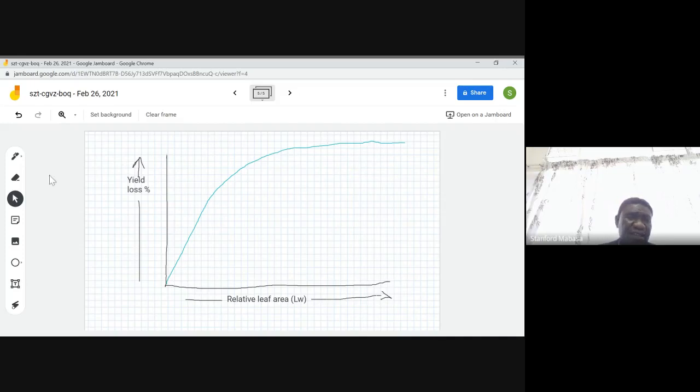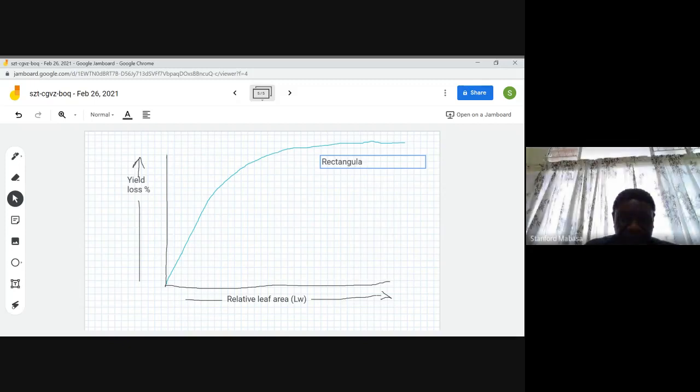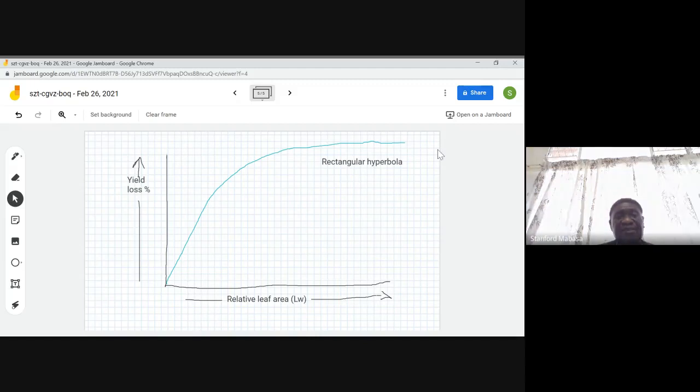So they also got this rectangular hyperbola. Okay, so that is the name of this shape.